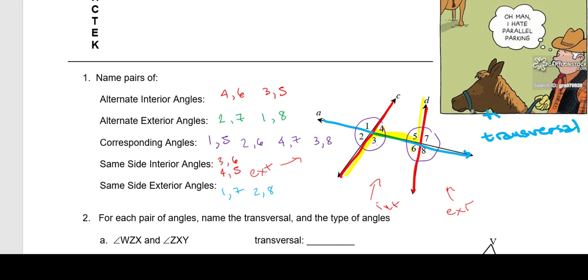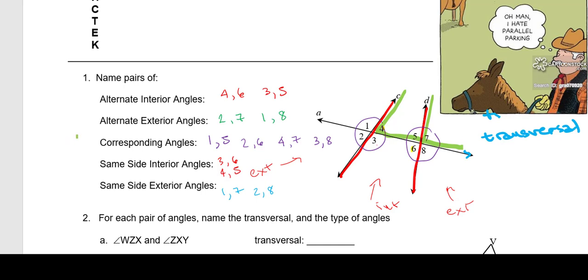Corresponding angles are going to form an F shape. So, for example, if I were to trace out the corresponding angles 4 and 7, there's angle 4 and there's angle 7, you can see that sideways, if I flip my paper sideways, it would form an F shape.